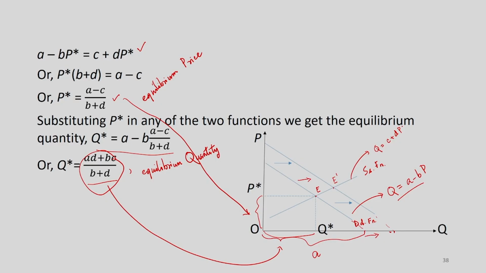The only thing that has changed is small a has gone up, which means that the demand graph has shifted to the right, and therefore, there will be a new point of intersection, new point of equilibrium, and here the new point is to the northeast of the old point, which basically means both equilibrium quantity and equilibrium price will rise.